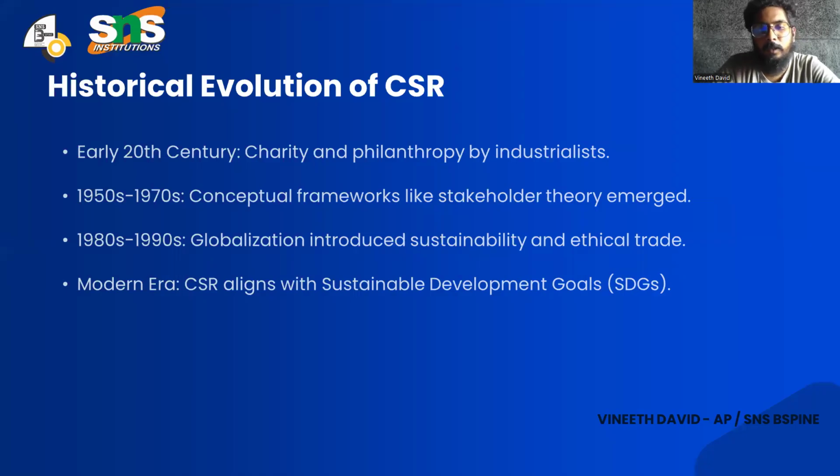The history and evolution of CSR. CSR has a rich history. In the early 20th century, it started as charity, and industrialists like Tata were known for philanthropy. In the 1950s, thinkers like Howard Bowen linked CSR to ethical obligations.